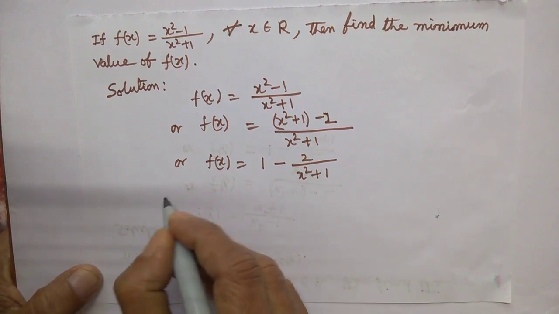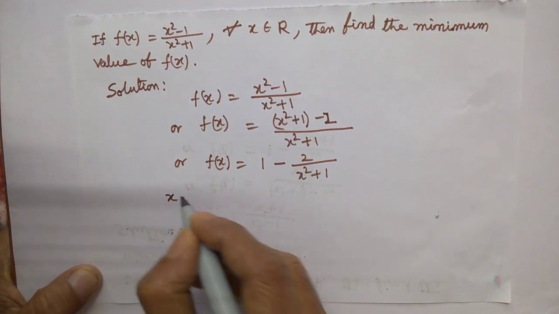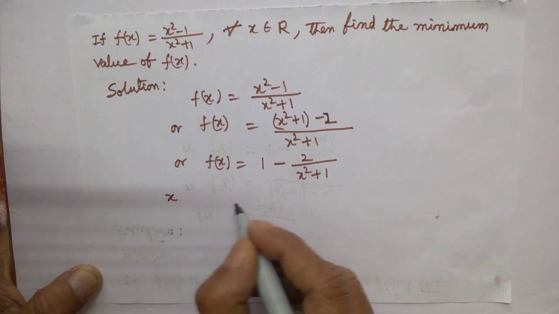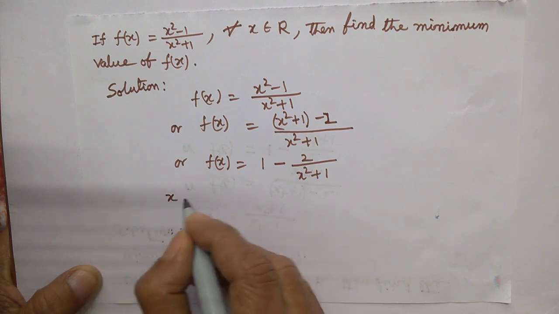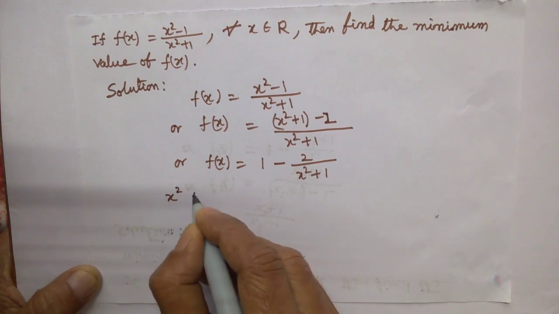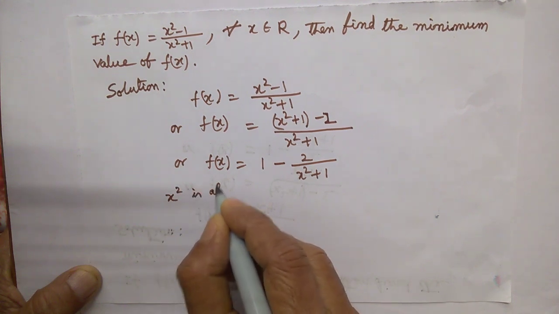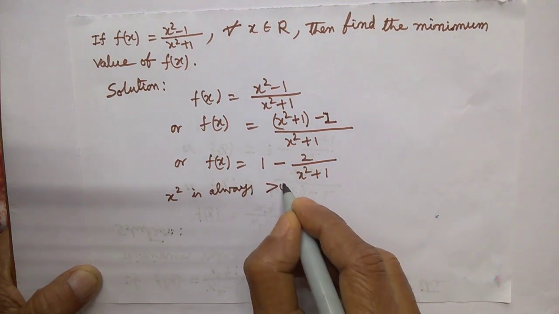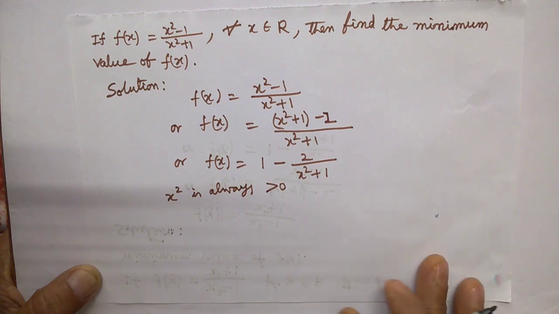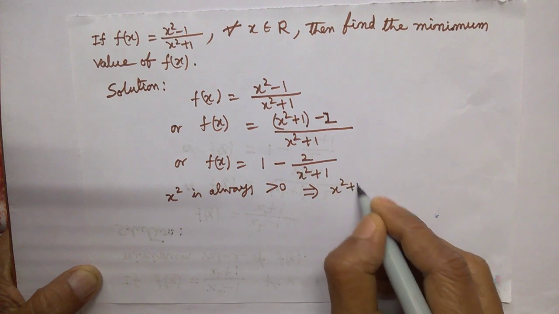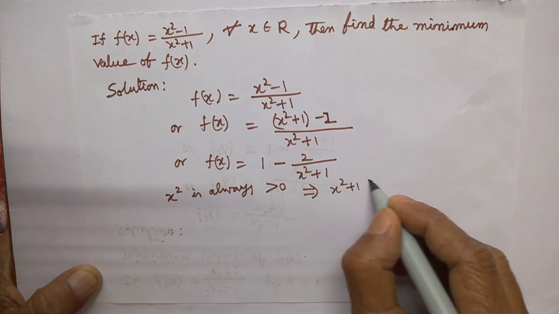And see, x increasing or decreasing, that means x square is always greater than or equal to 0, implies that x square plus 1 is greater than 0.